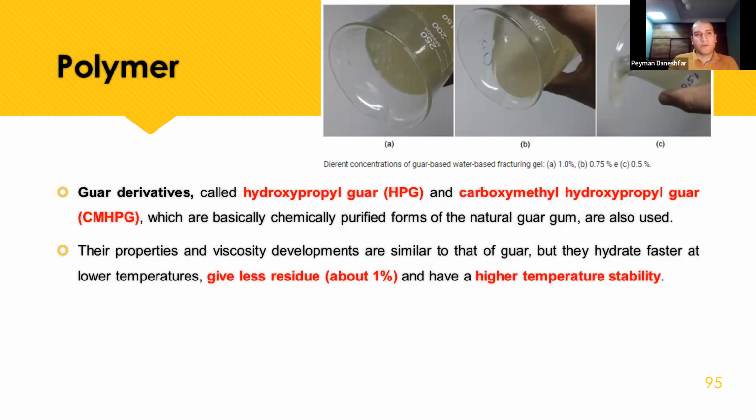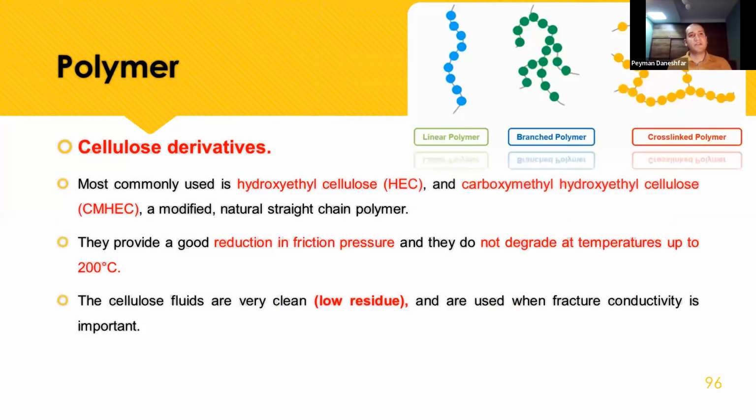Another one is the cellulose derivatives, such as HEC, hydroxyethyl cellulose, and carboxymethyl hydroxyethyl cellulose. These are natural straight-chain polymers. You can see here the linear polymer and the crosslinked polymer.